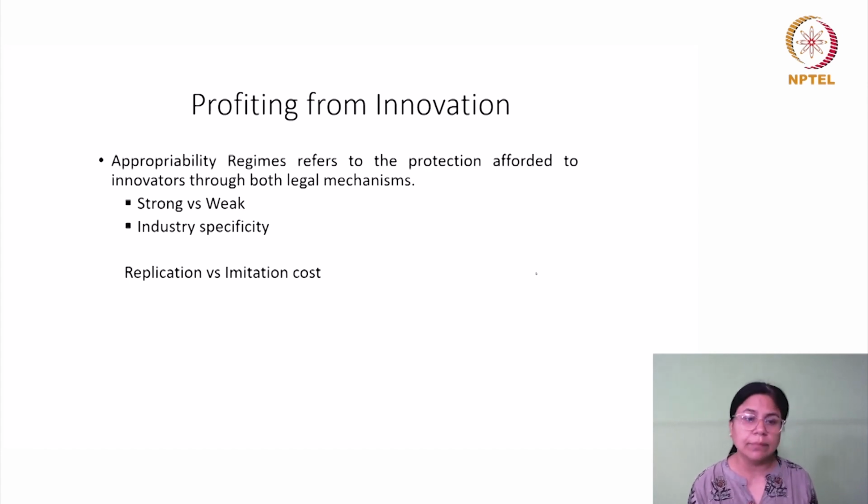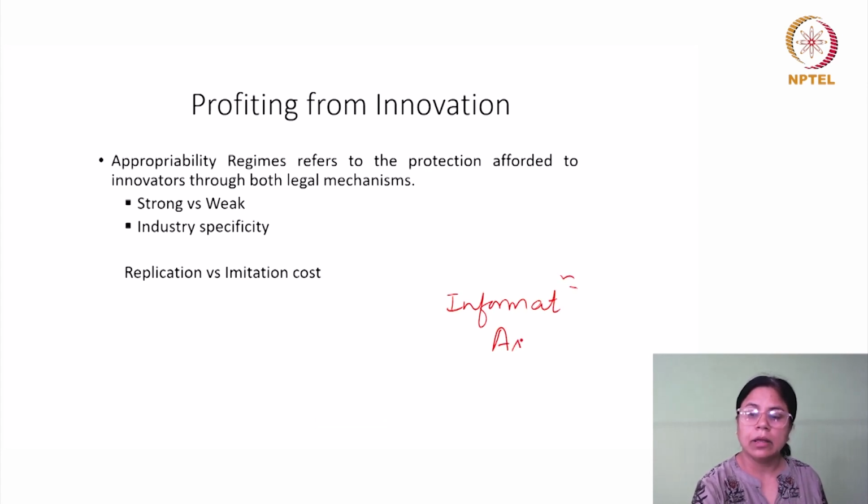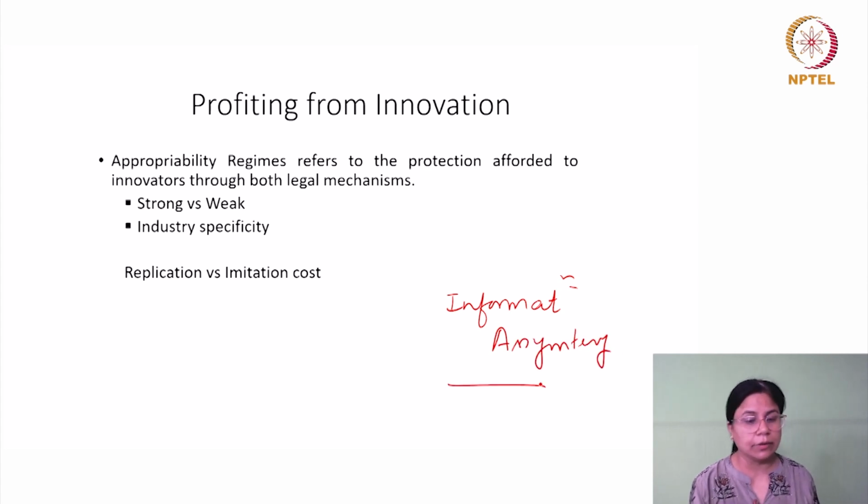If there is a strong regime, it will help the inventors to overcome the problem of technology transfer, and the problem it will specifically help with is the problem of information asymmetry. If you remember, we have discussed how information asymmetry can actually lead to a market failure in case of a technology transfer, because one party will have more information, but they may not bring it forward because they will be worried that it will be copied by the other party.